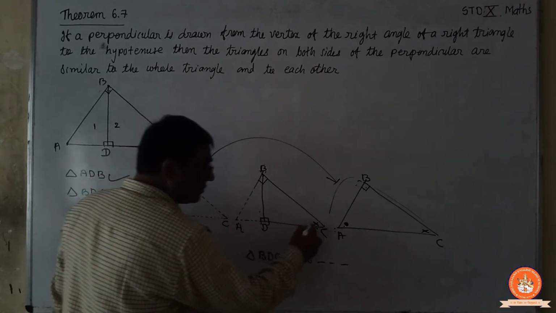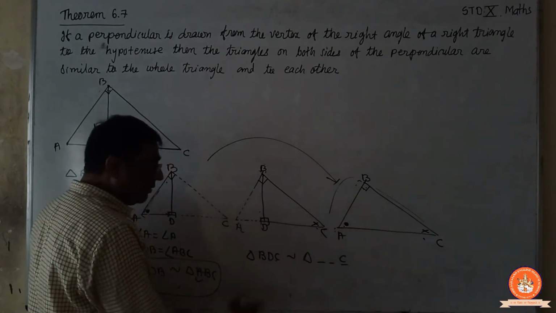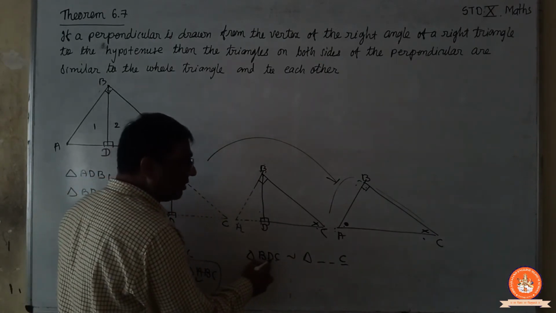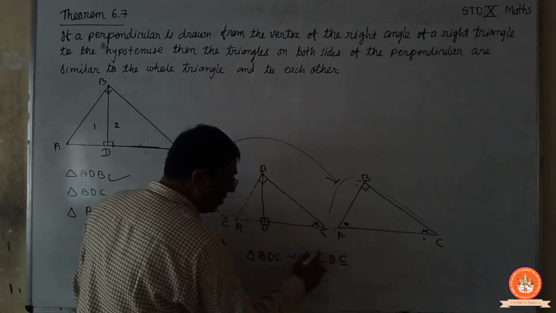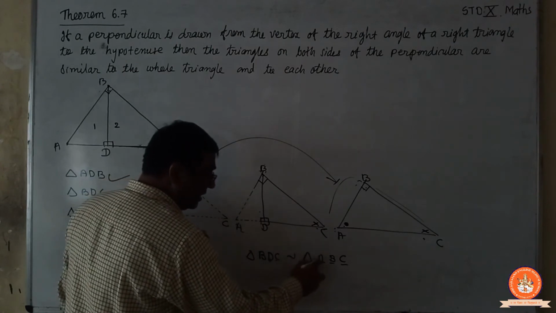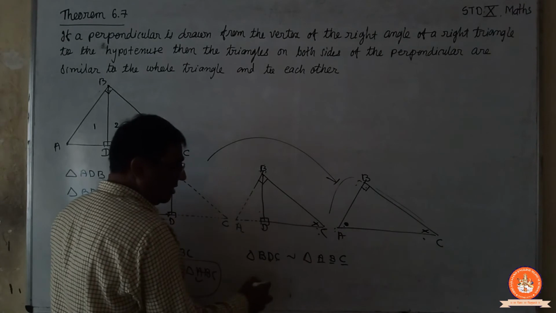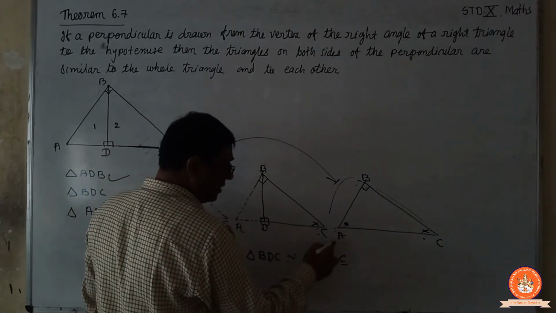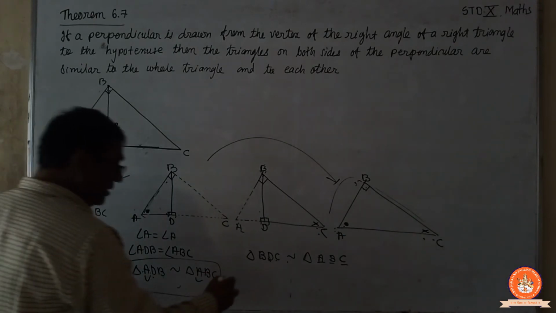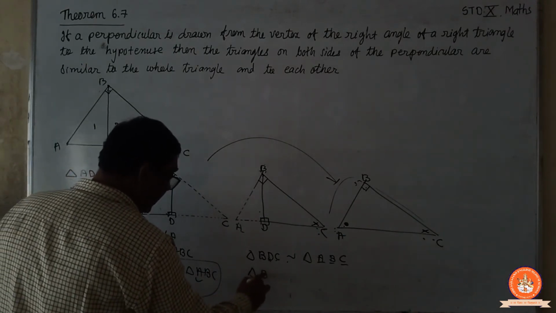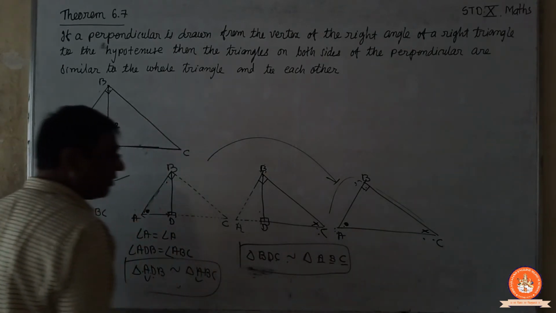C is corresponding to C, the right angle D is corresponding to the right angle B, and the remaining angle is A. So BDC is similar to ABC.